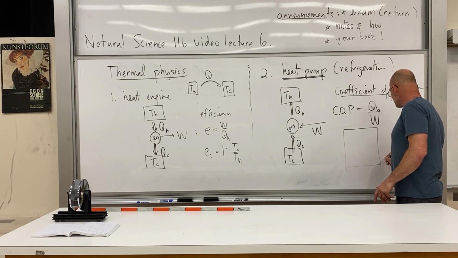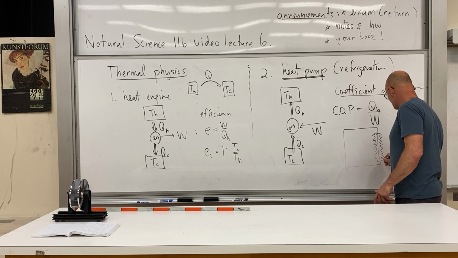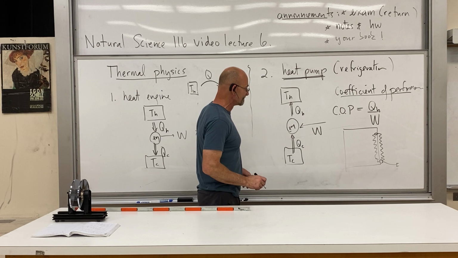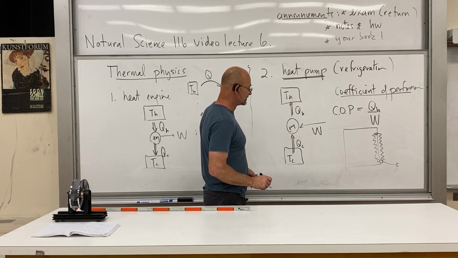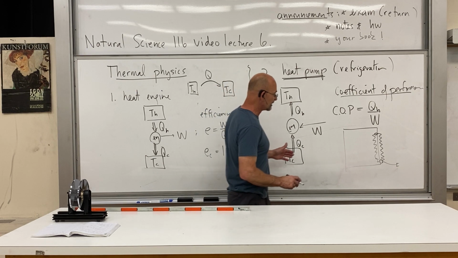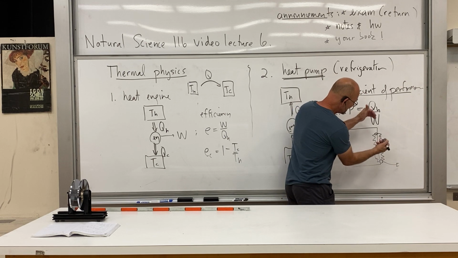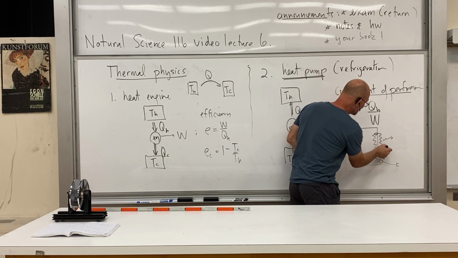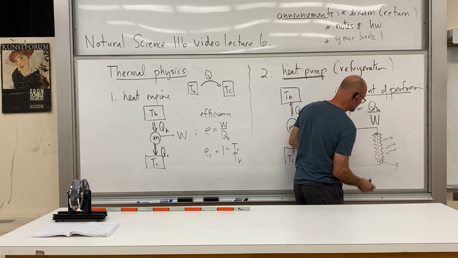An old-fashioned refrigerator had coils on the outside and coils on the inside, an expansion valve, and some kind of a pump that you plug into the wall. So what you end up with is a compressor that heats a fluid in these coils hot enough to radiate out to the outside.